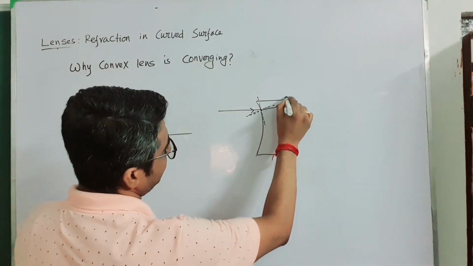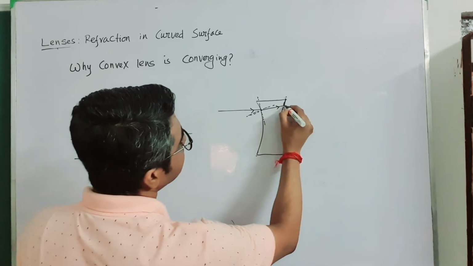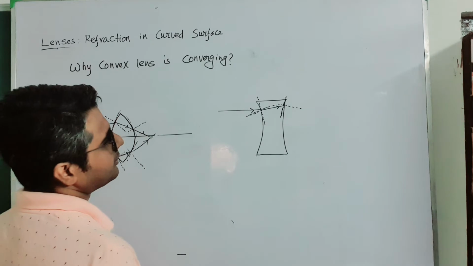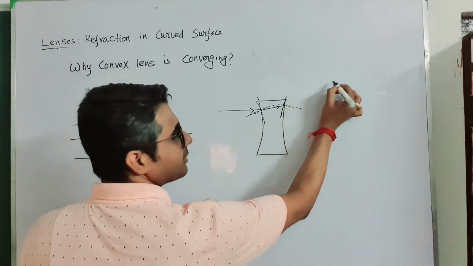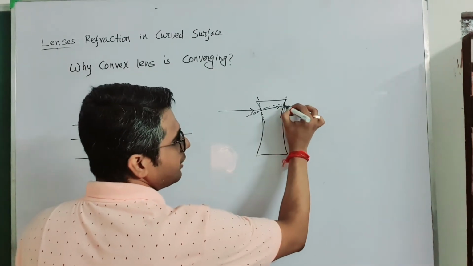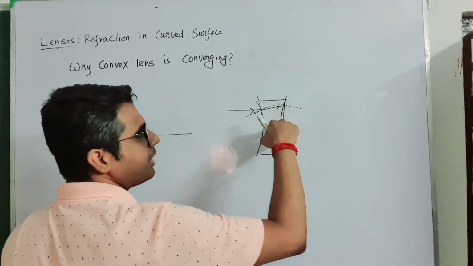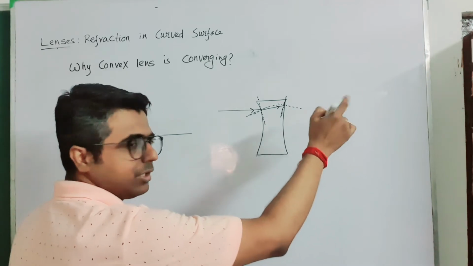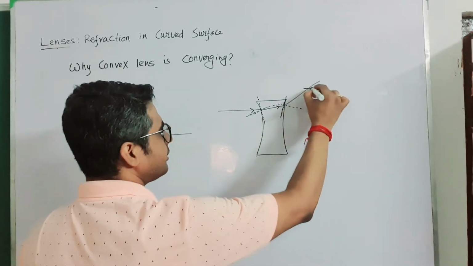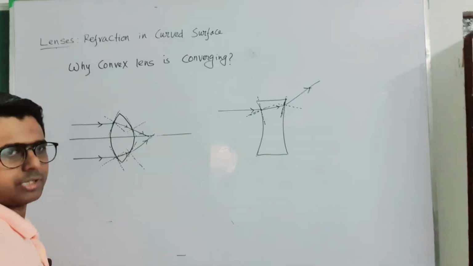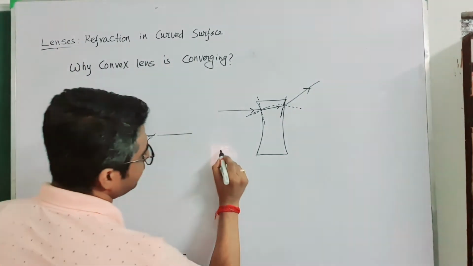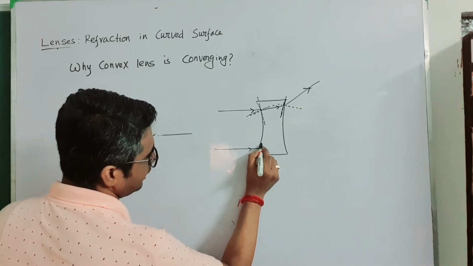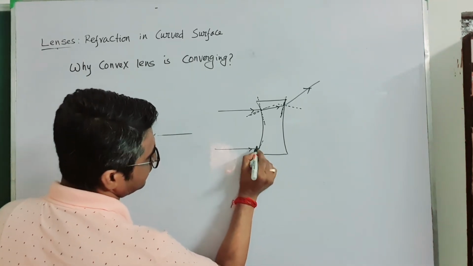Here is my another normal, a tangent. So here also I will have a normal. So normally the ray should go this way. Now if there was no change of medium, ray should go this way. Now it is going from glass to air, denser to rarer, will go away from the normal. So it is going away. Done. Similarly, if we go for this one, incident ray, here I will draw the tangent. Here is my normal.